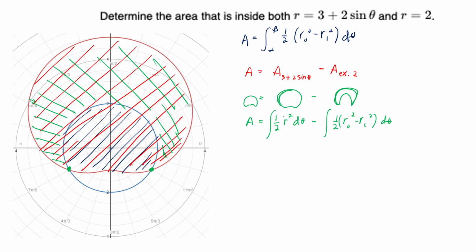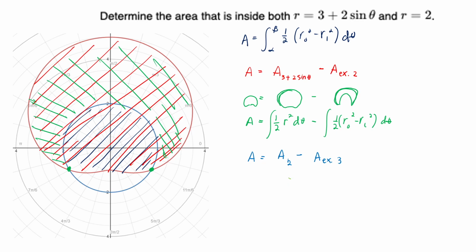Okay, so another method, we're going to use a blue line now. I'm not going to solve it, but I'm just going to give you an idea on how you're going to solve this one. So area coming from r equals 2 minus the area coming from example number 3. Let's try to draw these areas again.